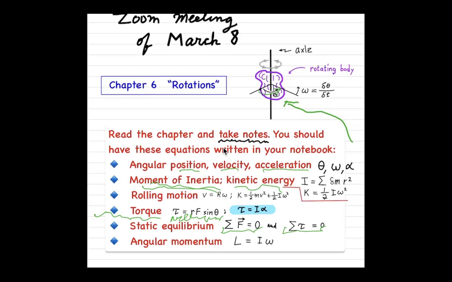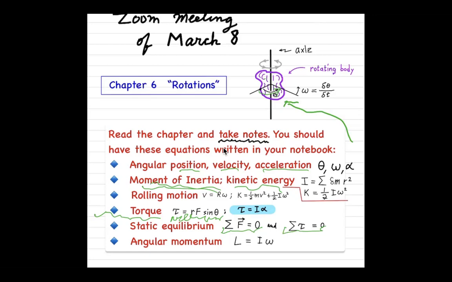And then finally, just as in the case of motion in 3 dimensions, we have a related concept of momentum. For rotating motion, we have angular momentum. Now, if you remember, momentum is mass times velocity.